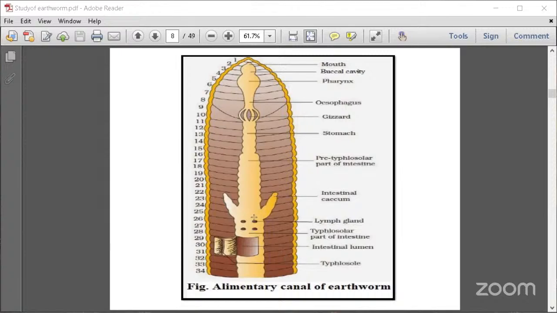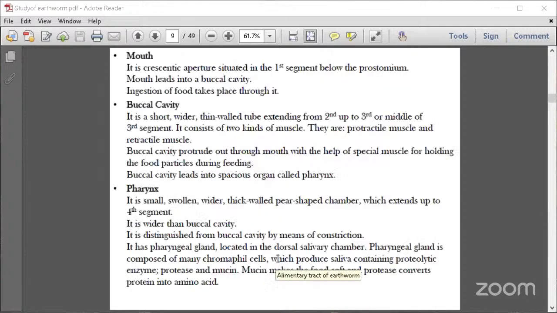And here you can see the presence of lymph gland in the segments 26 to 27, and at the end of the 29 or 28, and the intestinal lumen presented in the segments like 29, 30, 31. This is about the alimentary canal.